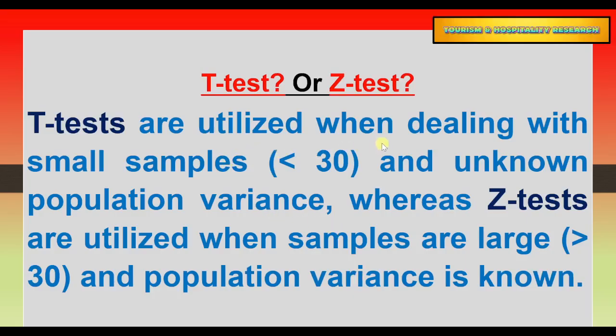T-tests are utilized especially when dealing with small samples, that is less than 30 sample size, and when the population variance is unknown. Whereas Z-tests are utilized when samples are large, that is more than 30, and the population variance is known.